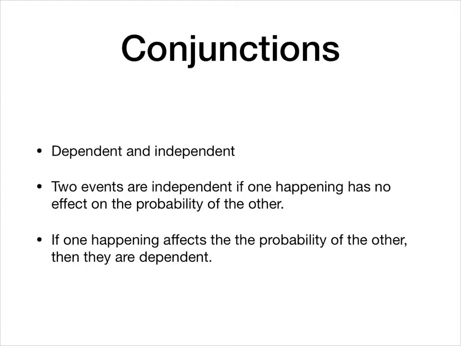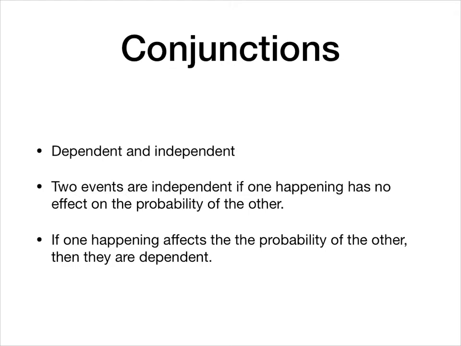Conjunctions. If you remember, there are 2 distinctions that we make. One between dependent and independent events, and the other between compatible and incompatible events. Well, for conjunctions, we're worried about whether they're dependent or independent. The definition of independent is that 2 events are independent if one happening or occurring has no effect on the probability of the other.